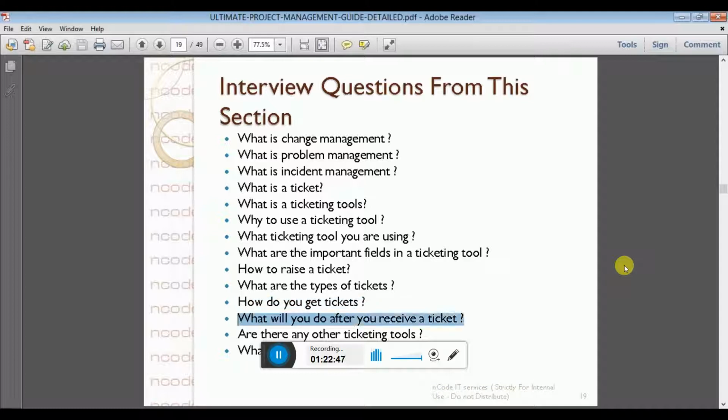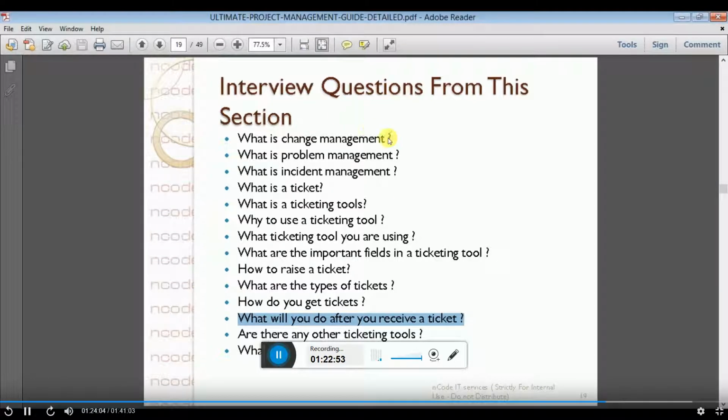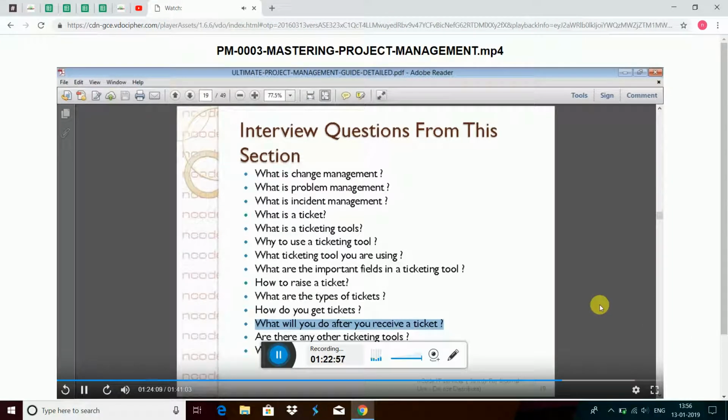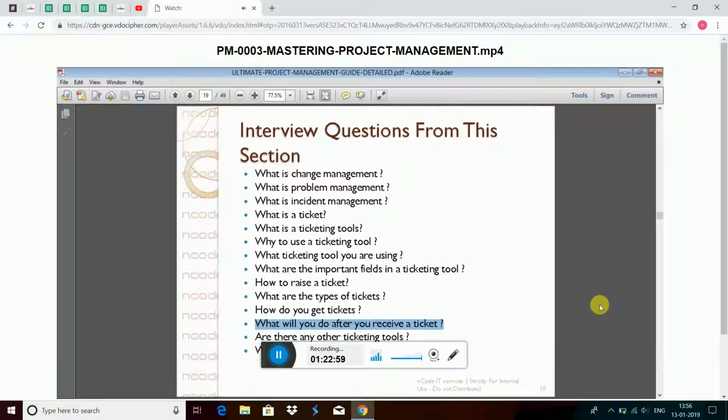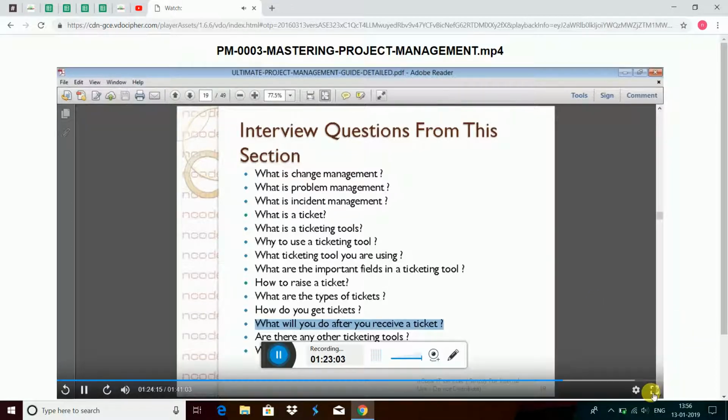What will you do after you receive the ticket? Basically we receive the ticket, log into the Remedy tool, and change the state of the ticket to in progress. Once we change the state to in progress, we start working on the ticket if it is a high priority one, or based on the ticket priority. Somebody will be assigned that ticket, and they will start working on it.